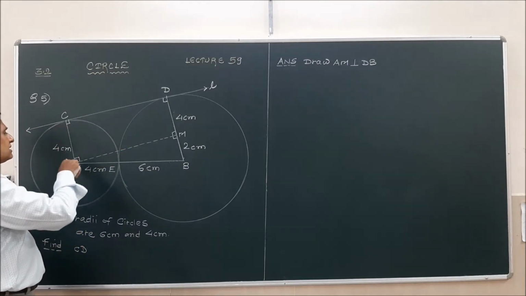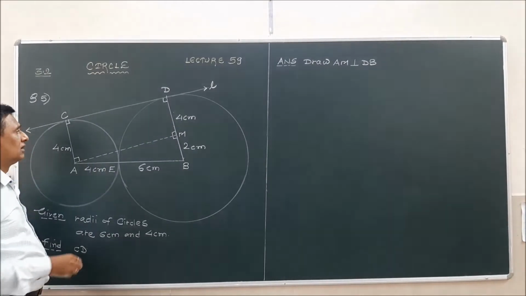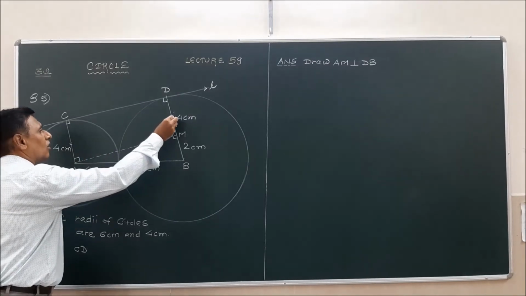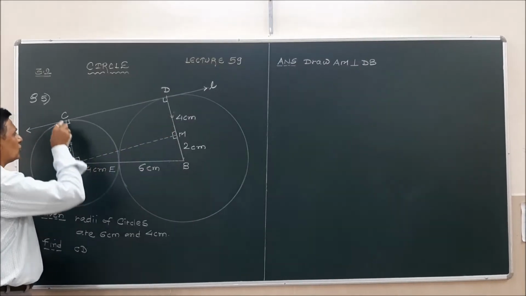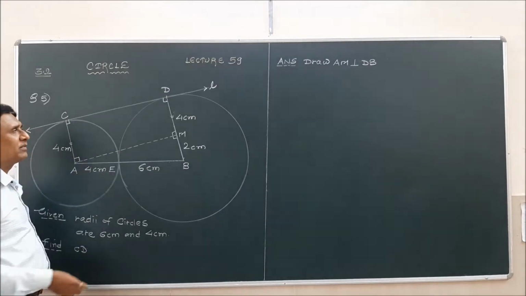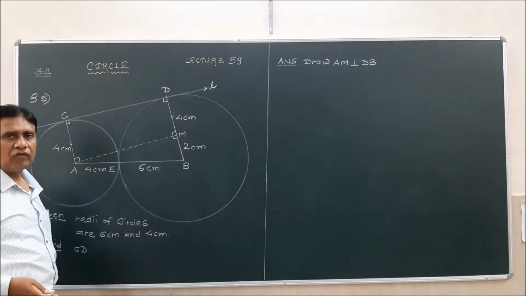Therefore, quadrilateral ACDM becomes a rectangle, because you will find all angles are of 90 degrees. Of course, angle CAM also becomes 90, because if three of them are 90, the remaining one is obviously 90.